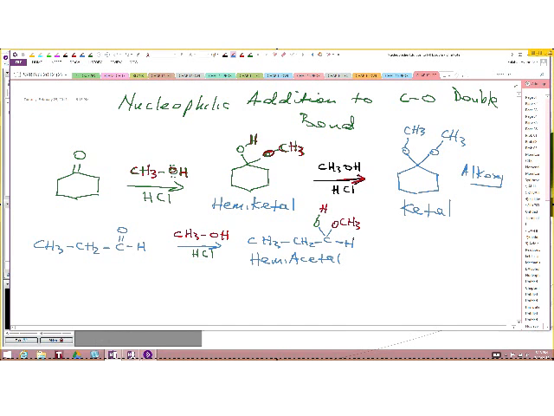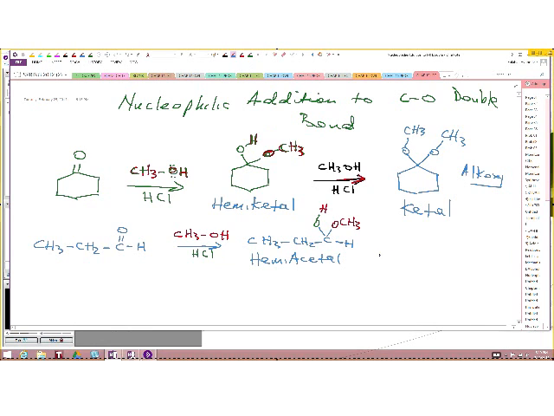In the hemiacetal, both the alkoxy group and the hydroxy group are attached to a carbon that is attached to a hydrogen atom and also attached to a carbon atom. In other words, the hemiacetal is coming from an aldehyde. Now, this part of the reaction here is the nucleophilic addition reaction.